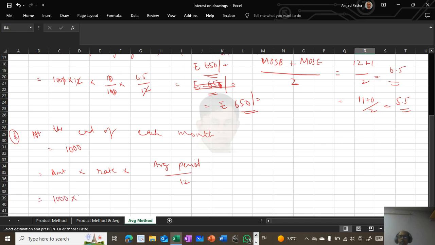Always remember, he will not pay interest for April, because he has not withdrawn on 1st April, he has withdrawn on 30th April. So month end he has withdrawn, so he will not pay interest for 1 month. But he has withdrawn in April, no. So here it will be 12, not 11.